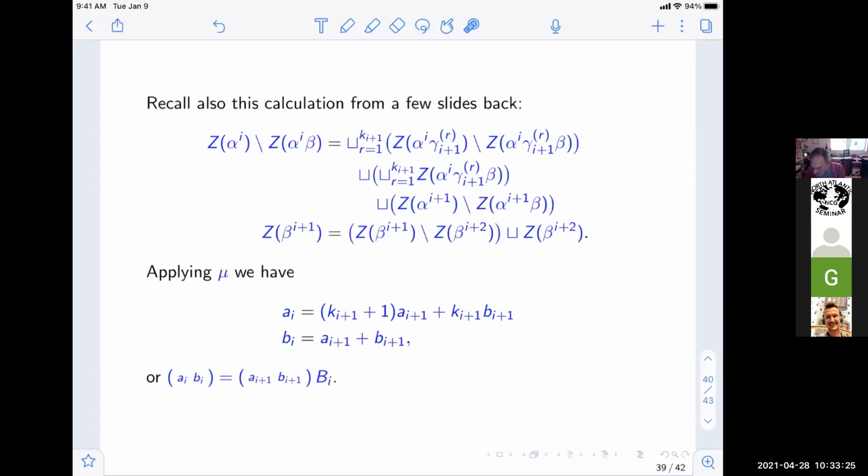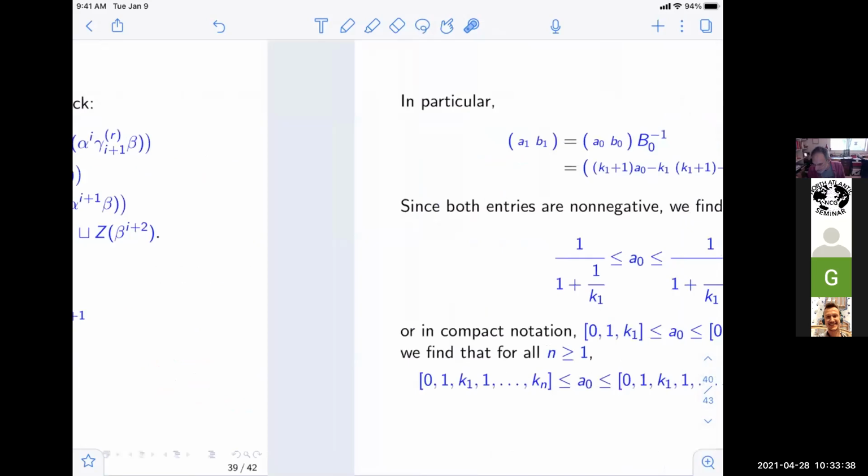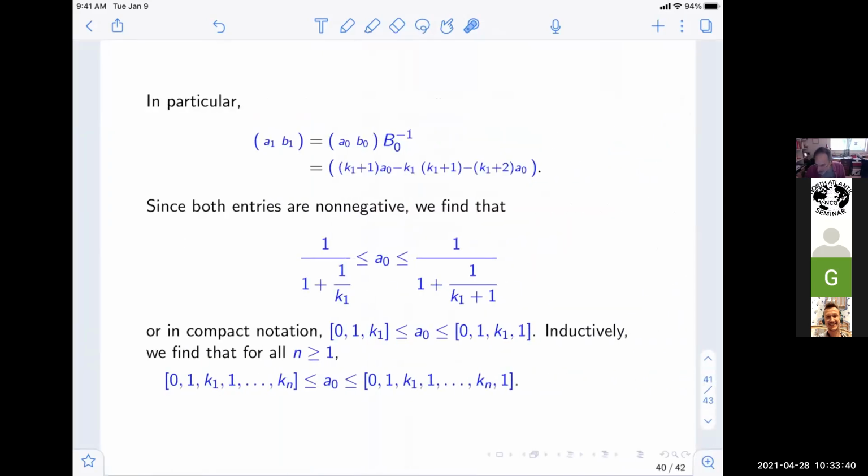So we get this formula relating the measures of these sets from one level to the next. And we can summarize it this way. It's that matrix B_i, capital B_i, that connects one to the next. In particular, at the first level, we get this relation between the A_1, B_1 and A_0, B_0.